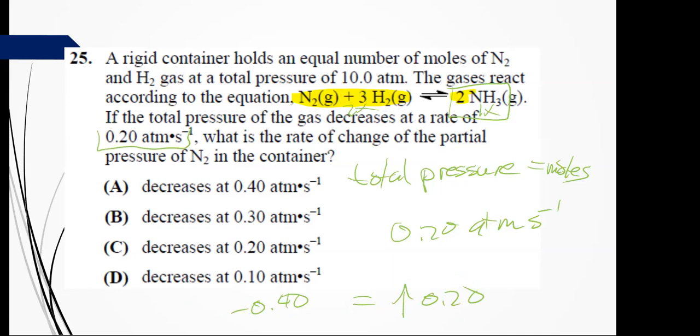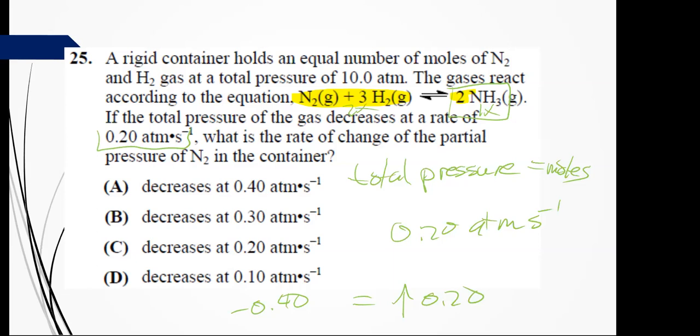It's the wording of total pressure of gas decreases, because it's saying that. And then the ratio of the moles of your gas gives you that ratio between them. So if this is going down by 0.4 and this is going up by 0.2, as a net we get that 0.2.